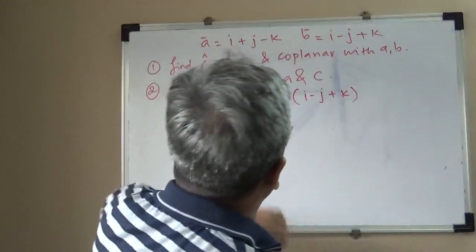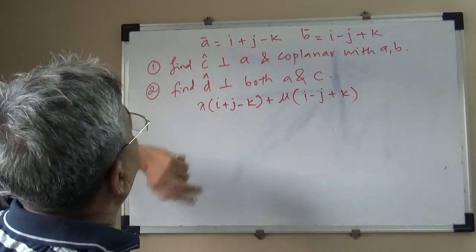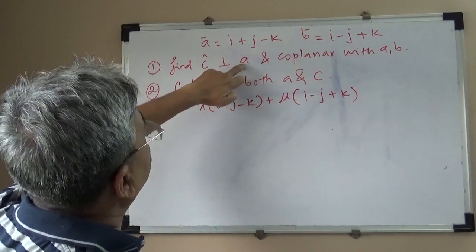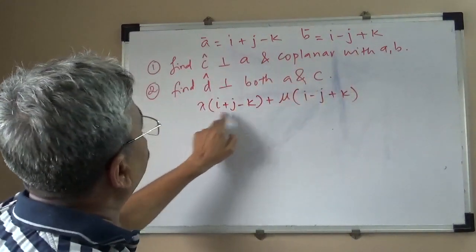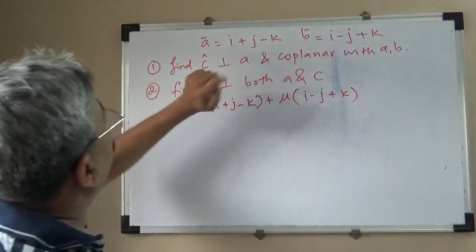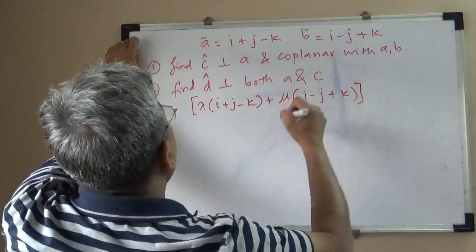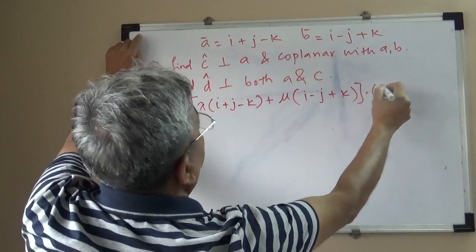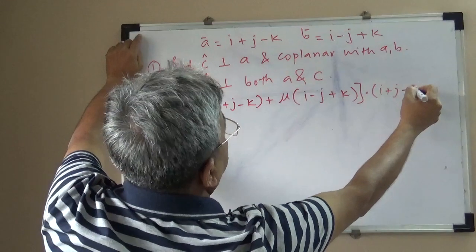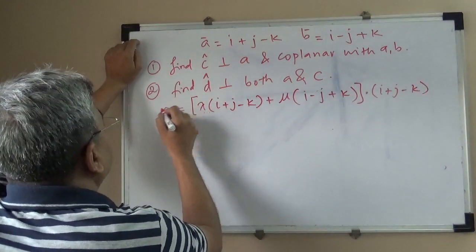Now this vector should be perpendicular to A. We are searching for vector C, so now we have produced a vector which is coplanar with A and B, and now we are supposed to make it perpendicular to A. So we should take the dot product with i plus j minus k, and this dot product should be equal to 0.